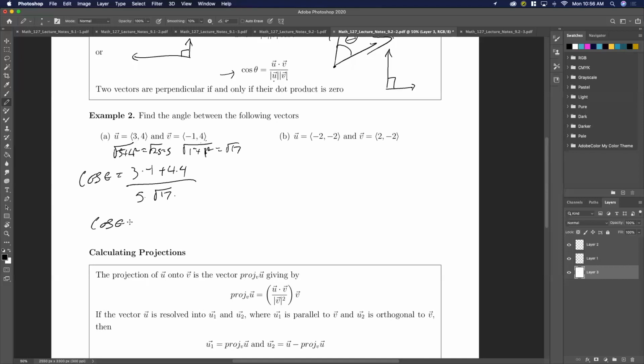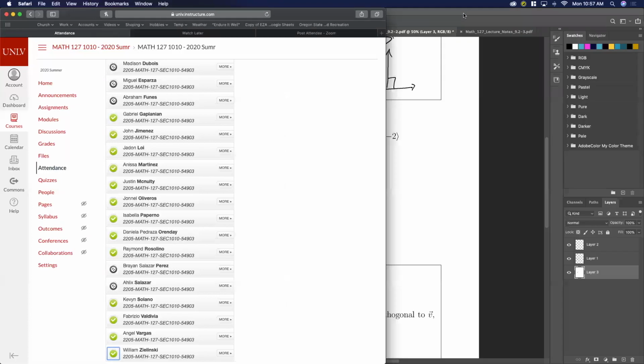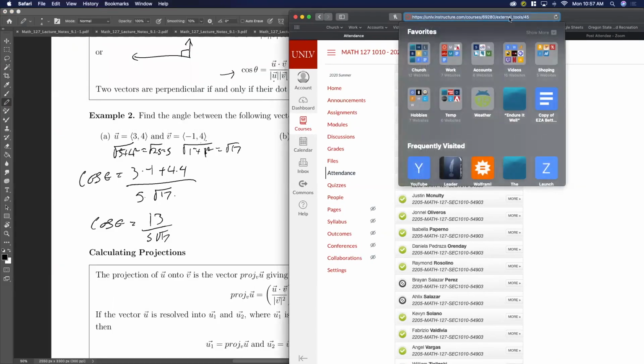Simplifying that out, the dot product becomes negative 3 plus 16, so 13 over 5 square root 17. And then in order to finish this, I need Wolfram Alpha.